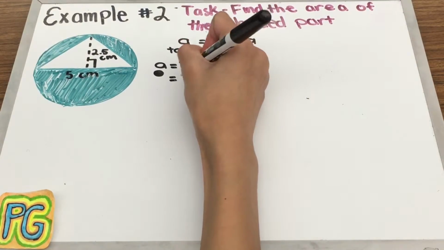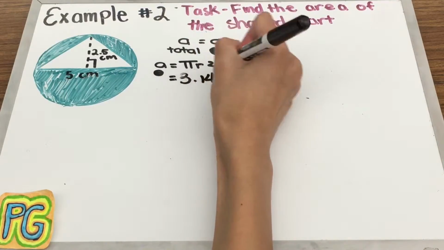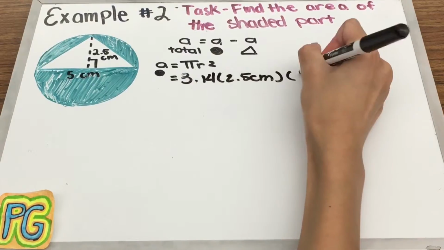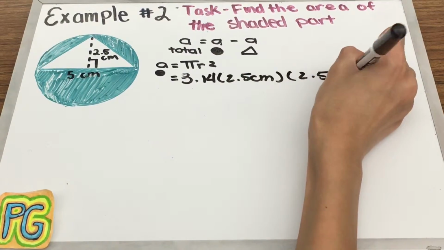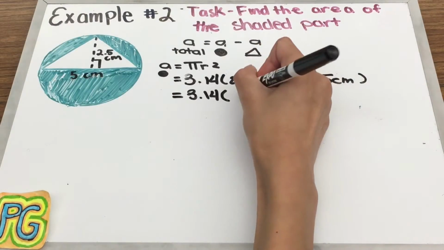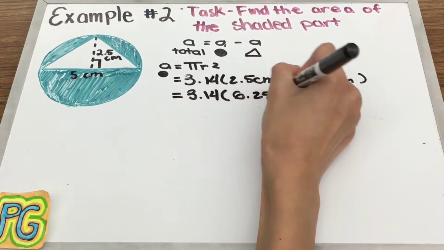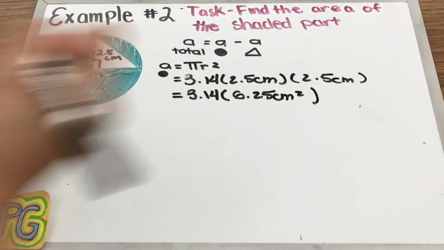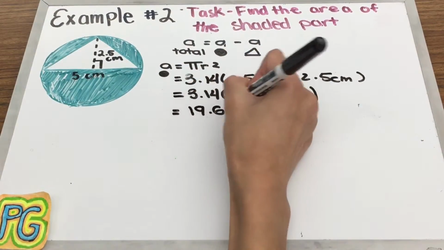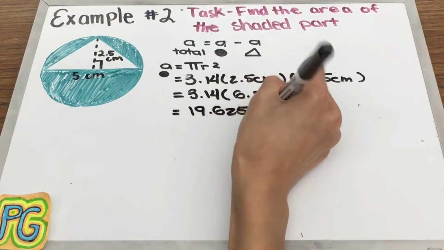And so that would equal 3.14 times 2.5 centimeters times 2.5 centimeters, which equals 3.14 times 6.25 centimeters squared. And that would equal 19.625 centimeters squared.